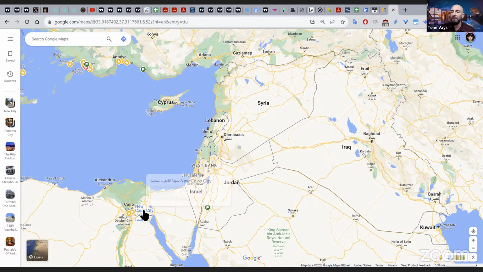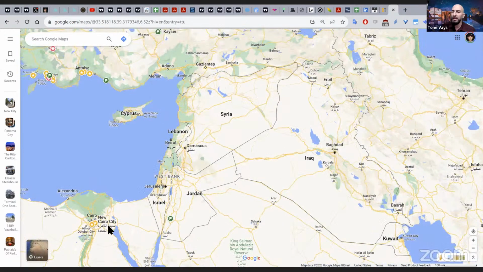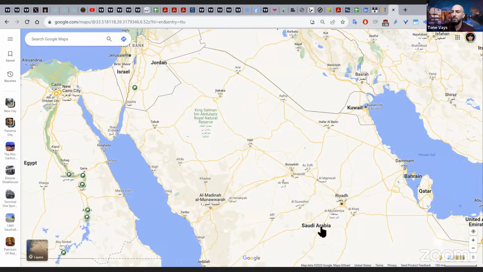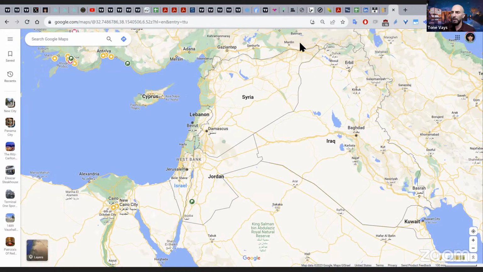Russia has a lot of influence over Egypt. They have a lot of influence over Iran, which people think had a hand in this. And Russia is on friendly terms with Turkey. And Russia is on friendly terms with Saudi Arabia. Again, if Israel was more friendly to Russia, and I'm not saying it's a good thing or a bad thing, I'm just giving you the facts.